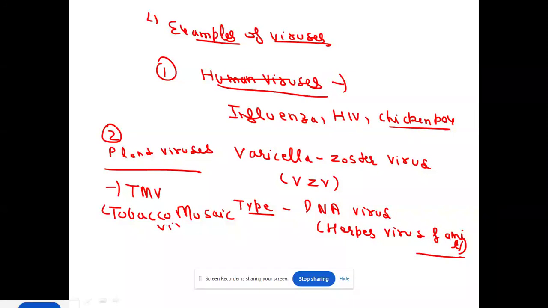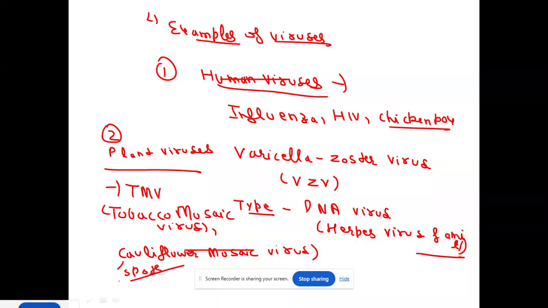That is a plant virus, where the host is the plant. It causes disease in the plant. Next is the cauliflower mosaic virus. Spots seen on the cauliflower leaves are due to this virus. In case of tobacco, it is tobacco mosaic virus.